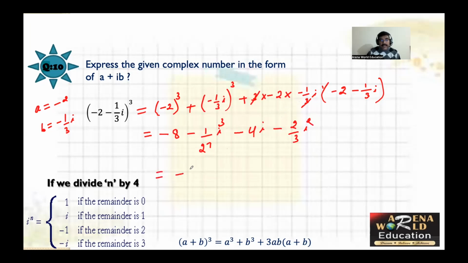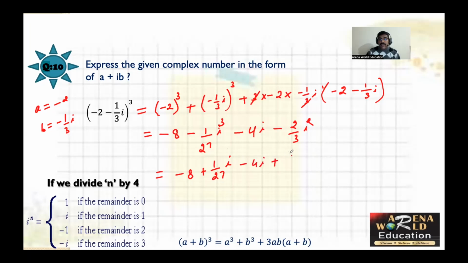So now minus 8 minus 1 upon 27 iota cube. Iota cube is minus iota, so this will be minus minus plus, plus 1 upon 27 iota minus 4 iota. Iota square is minus 1.